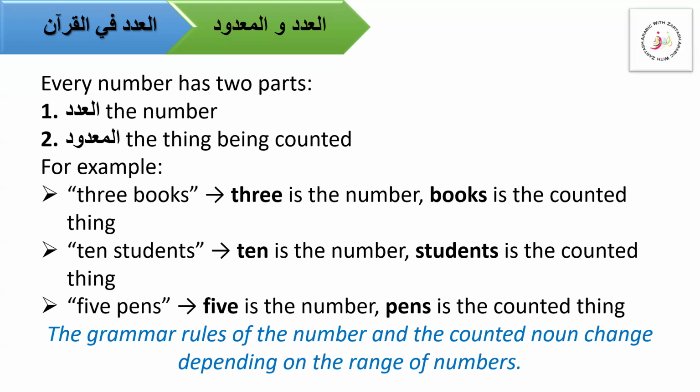As we study Arabic numbers, we will be learning how to count things, how numbers change with masculine and feminine nouns, and how numbers agree or disagree with the asma, the nouns they describe, which we call the madud, and how ordinal numbers are used for the tartib, the sequence or the order.